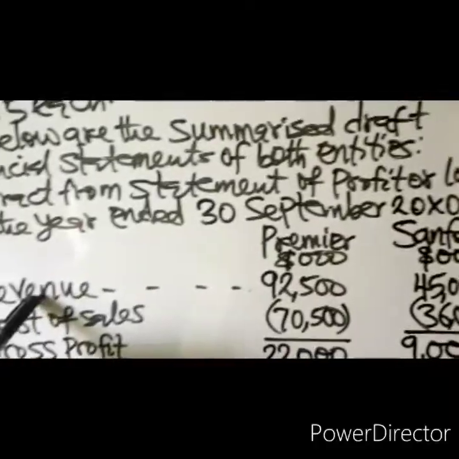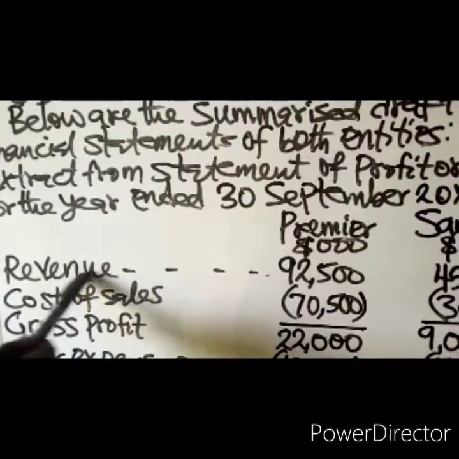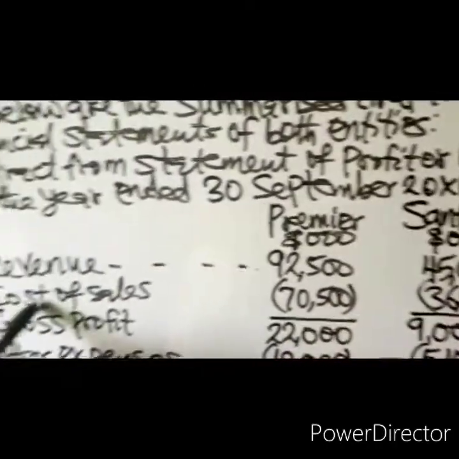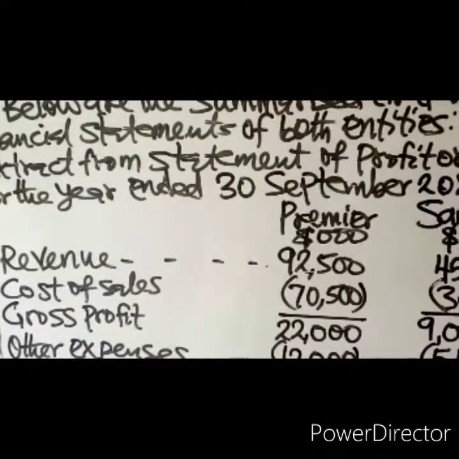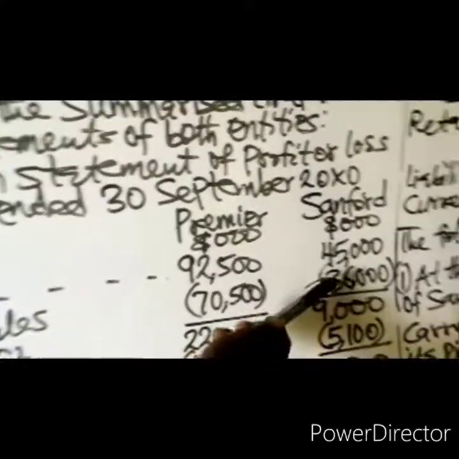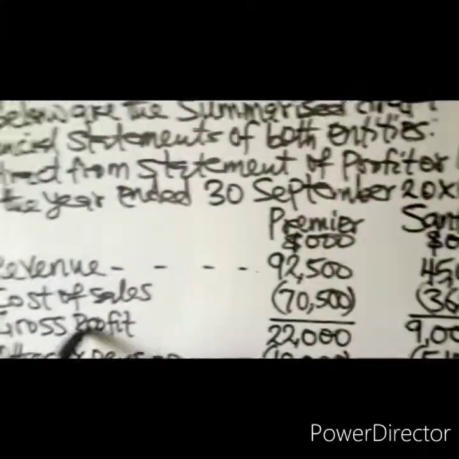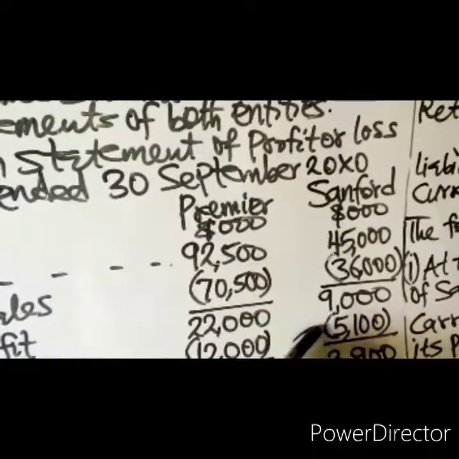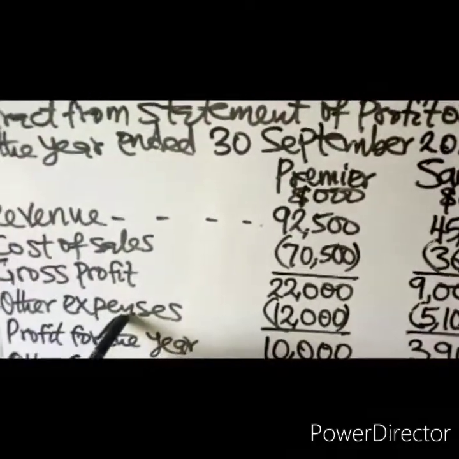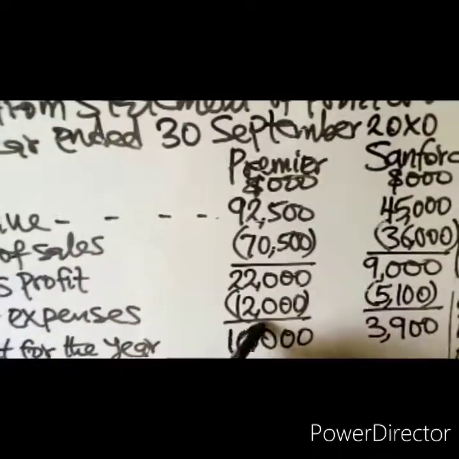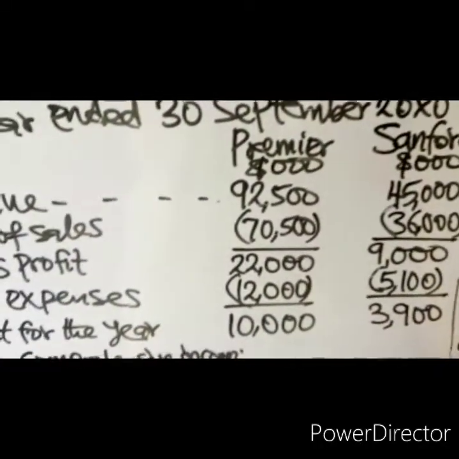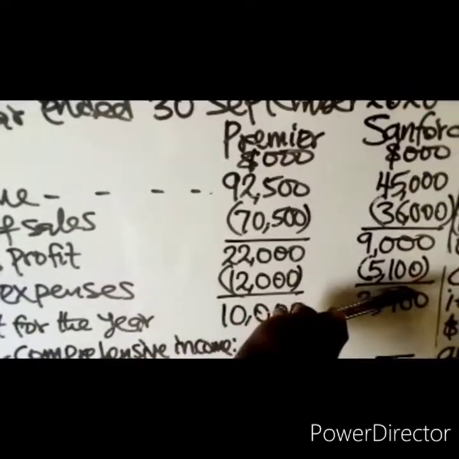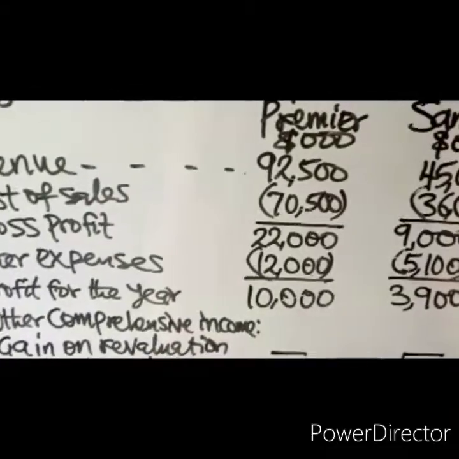We have revenue 92,500 and 45,000. Cost of sales 70,500 and 36,000. Gross profit of 22,000 and 9,000. Other expenses 12,000 and 5,100. Profit for the year 10,000 and 3,900.